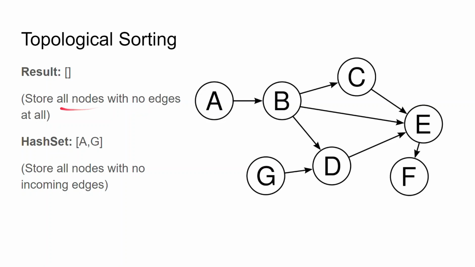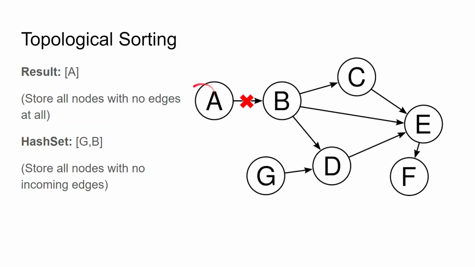Then what we do is we remove that connection. We know that A is pointing to B, so we're going to remove that connection, AB, and then we're going to add A onto the result list, because it doesn't matter which one, you can add either A or G, but we're just going to add A onto the result list.